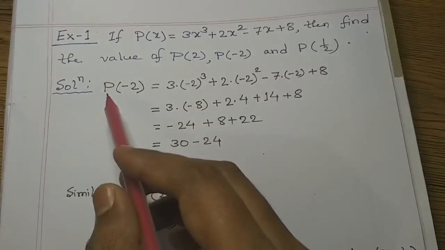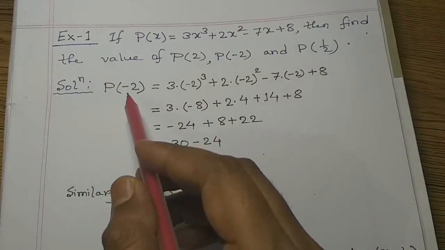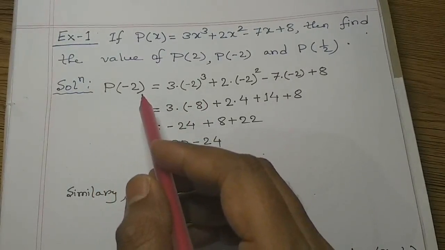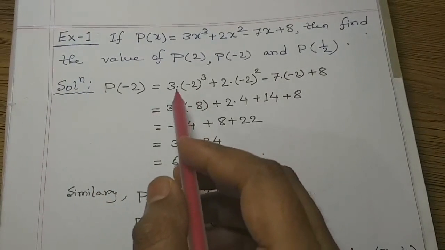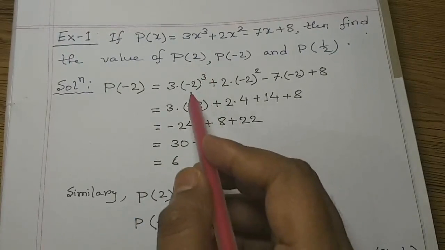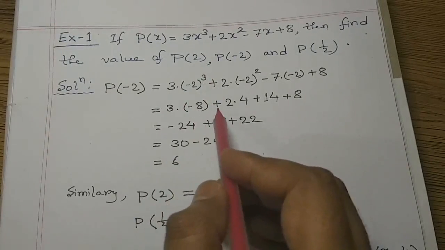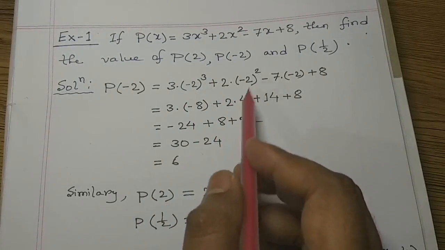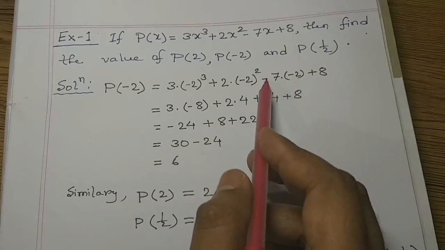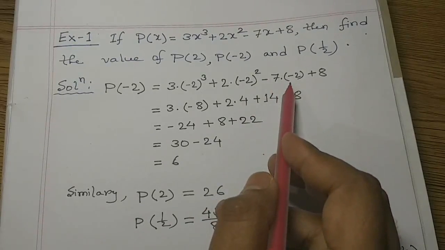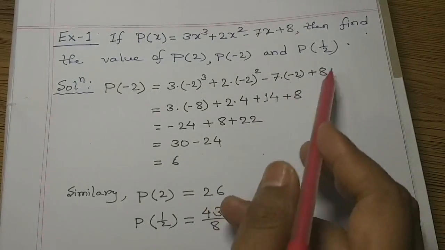So we put the value of x as minus 2. For x it is minus 2, so minus 2 cube is minus 8, and minus 2 square is 4. Then minus 7 times minus 2 is plus 14, and plus 8.